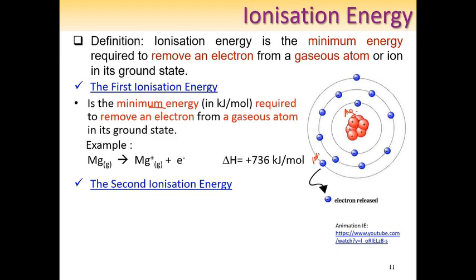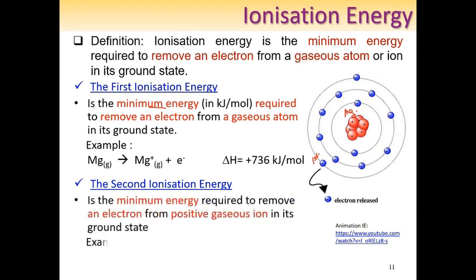The energy required here, we call the second ionization energy. So it can be represented as shown in the slide. From the definition, the second IE is the minimum energy required to remove an electron from a positive gaseous ion in its ground state. So the process can be represented in the equation below, which is magnesium plus gas.